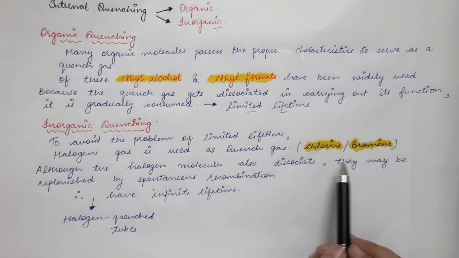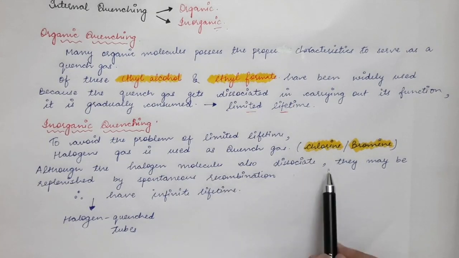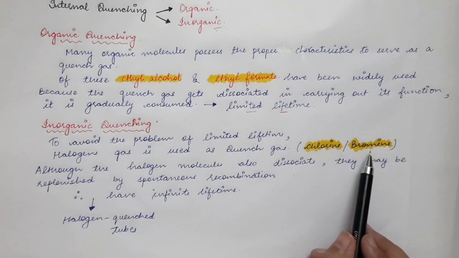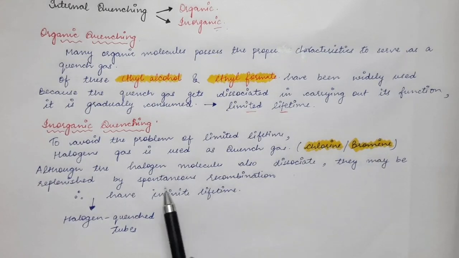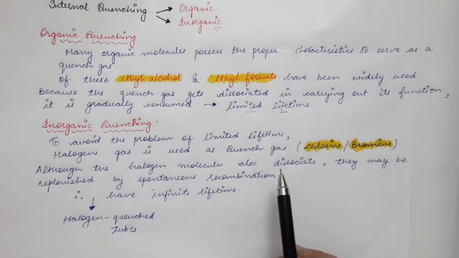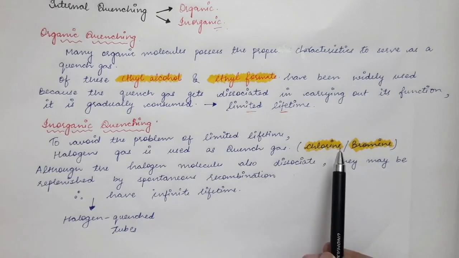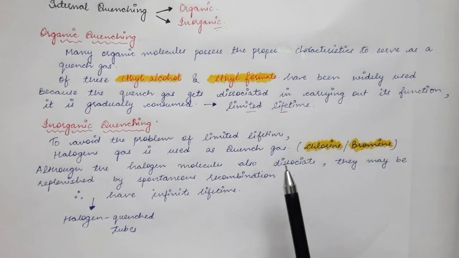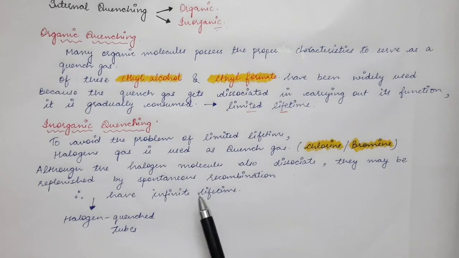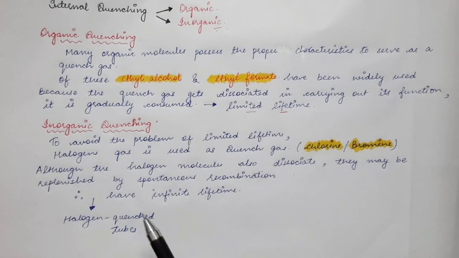But when these gases get dissociated, they spontaneously recombine with each other, and hence the halogen quenched GM tube has infinite lifetime.